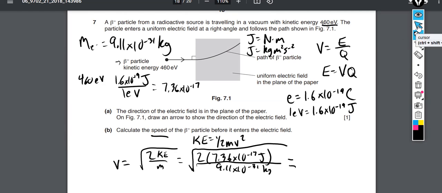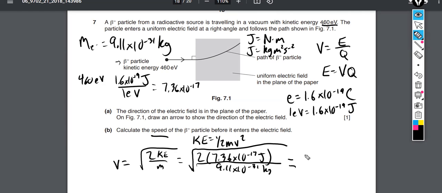All right. Let's see, if I doubled that 7.36 value, that's like 1.4 by 10 to the negative 16 or so. I'm going to divide it by, oh, this one's going to be tough, 9.11 by 10 to the negative 31. If I divided that, it'd be like 1.61588068 by 10 to the 14 or so.